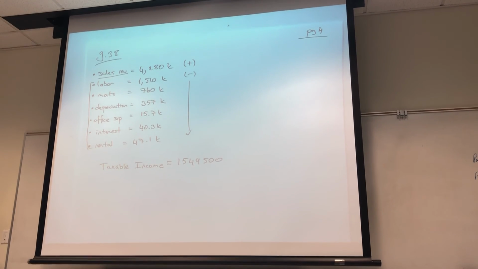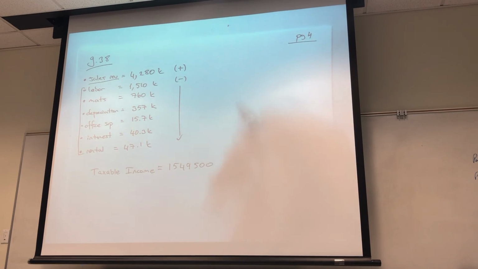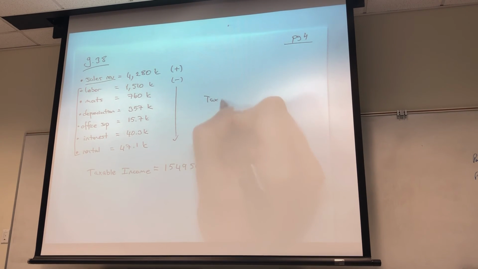So the next step is we do taxes will be equal to 1549500 times 0.21, which will be equal to 325,395. Sorry. Yeah. This number is the tax. We said that, hey, we got this much money you can tax, and then they said, okay, this is your taxes. So we pay that money. That money goes to wherever it has to go to.